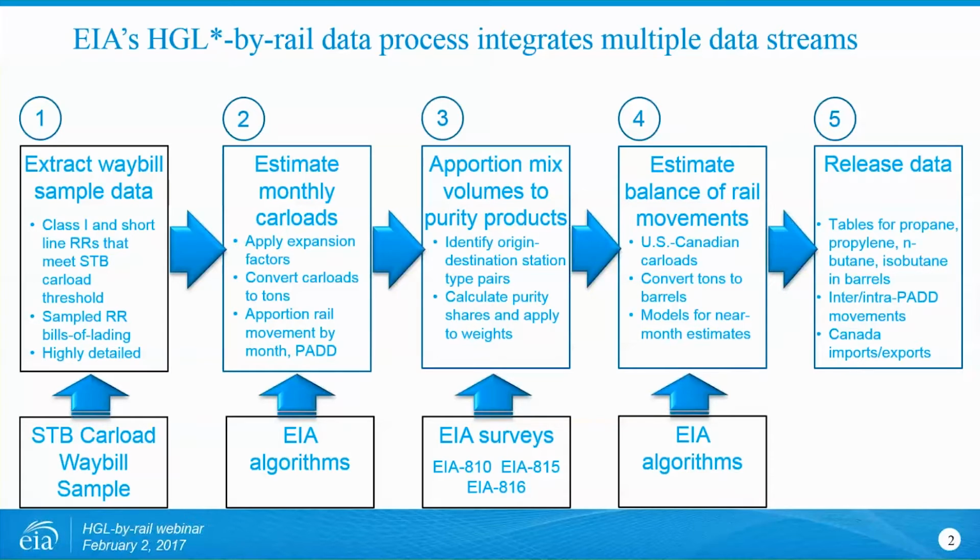For those of you who have seen the crude by rail or the ethanol by rail slides in the past and who are perhaps familiar with the way that we have processed that data, you will find that the flowchart that I have presented is very similar to what we did for crude and for ethanol. And in fact, the major difference is in number 3, where what we have really done is taken data that comes from the Surface Transportation Board, which comes on a variety of product codes that don't line up with EIA product codes.